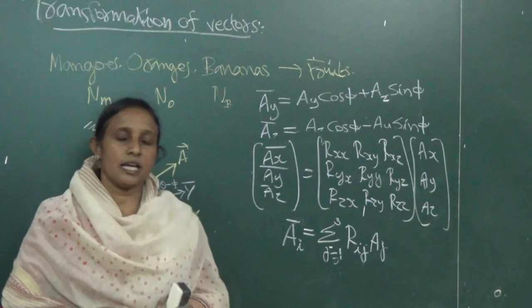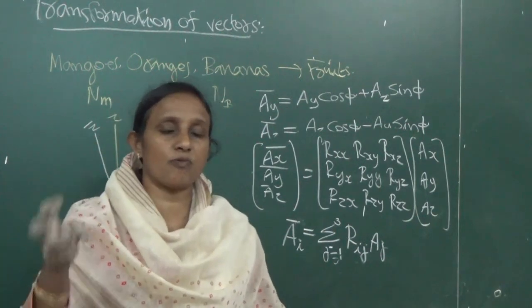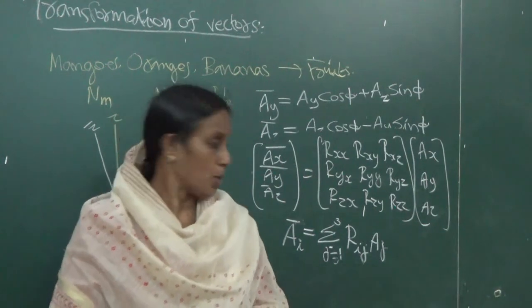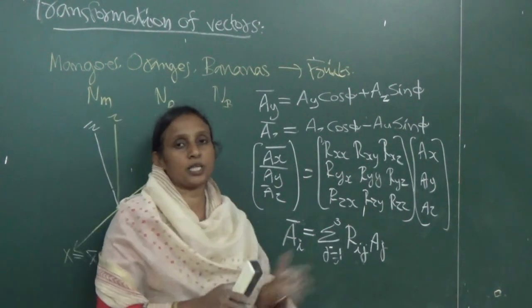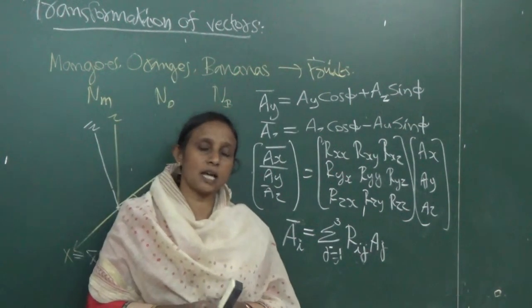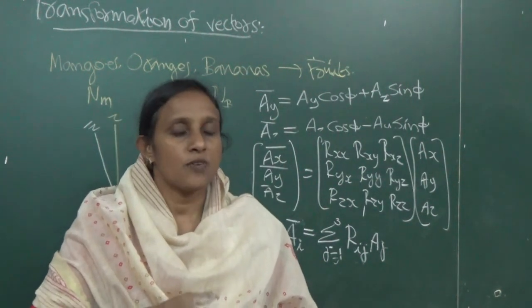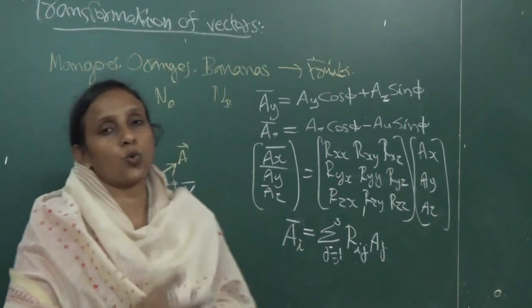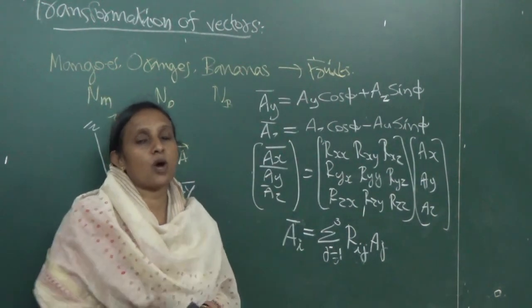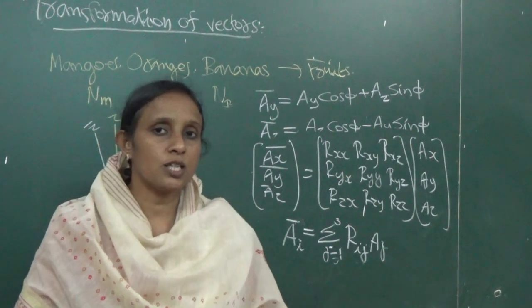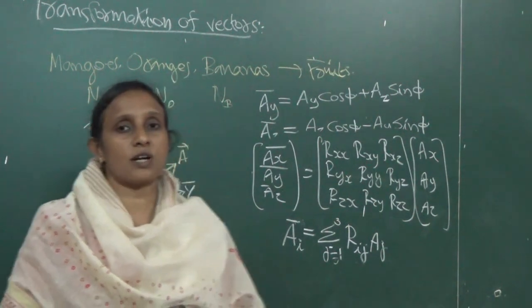That means any vector transforms under rotation of the coordinate system with respect to the x-axis through an angle phi in a counterclockwise direction. Hope that all of you understood what we learned.